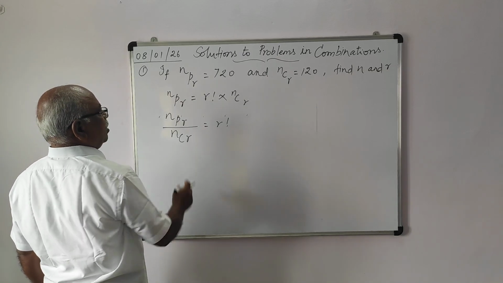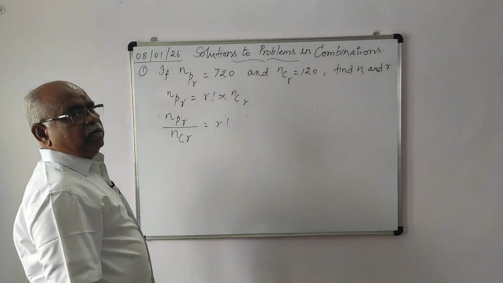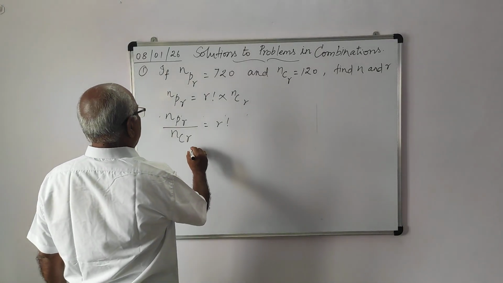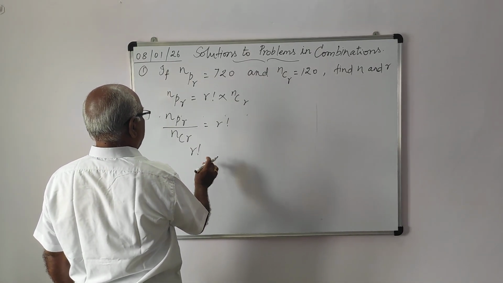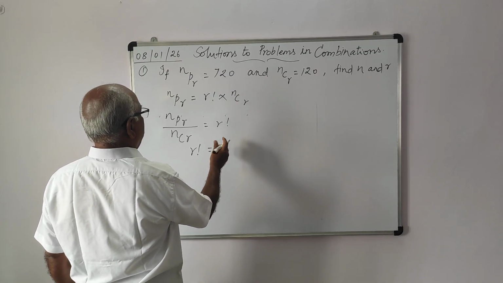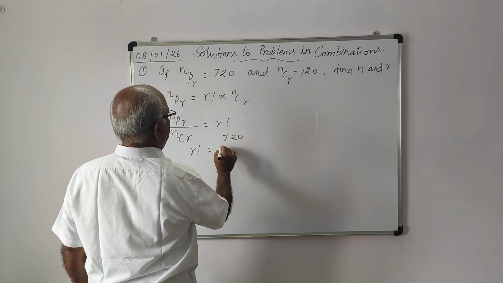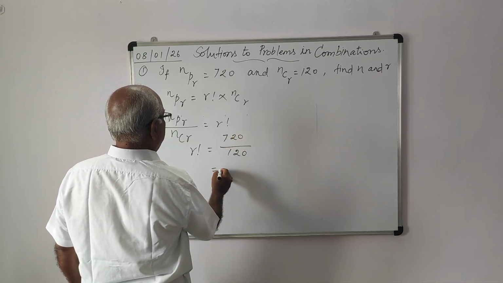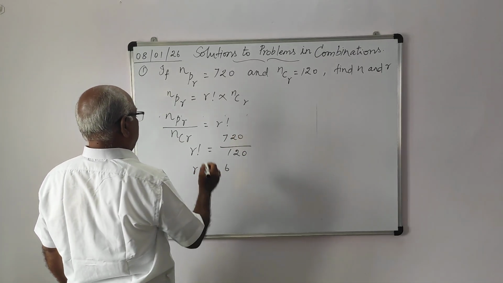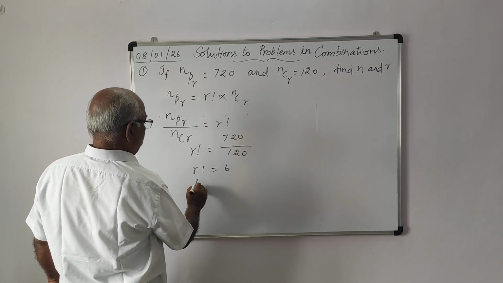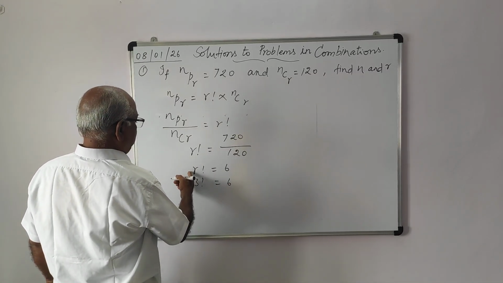So r factorial equal to 720 by 120, which is 6. 3 factorial is 6, therefore r equal to 3.